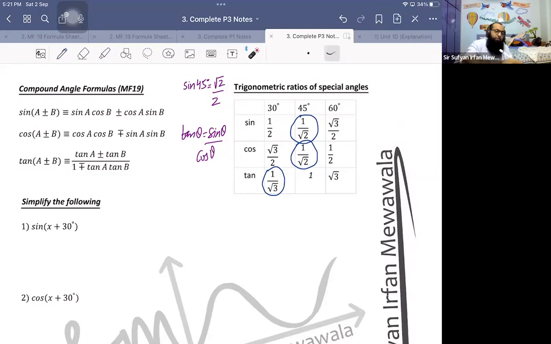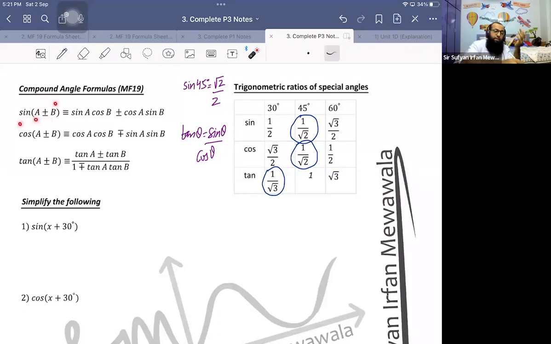Now, compound angle formulas. What is the meaning of compound? Compounding, right? If compounds are formed, a mixture is formed. Compounding angles means combining angles. So when we are adding two angles or subtracting two angles, then compound angle formulas are used.